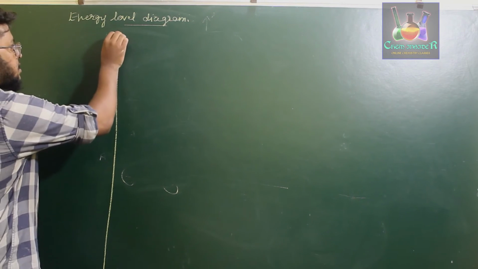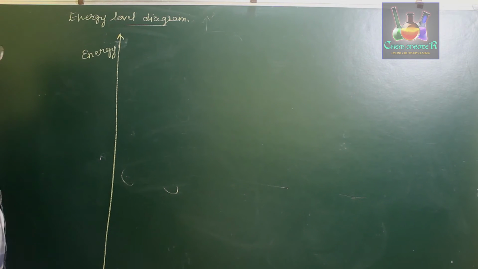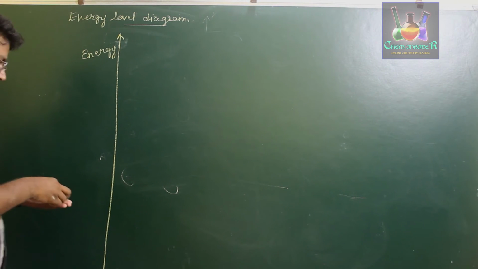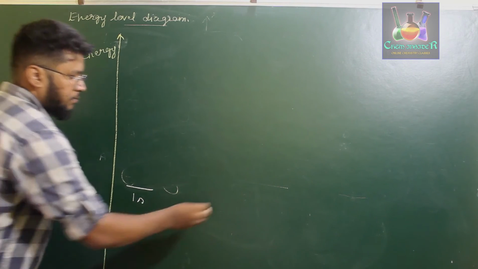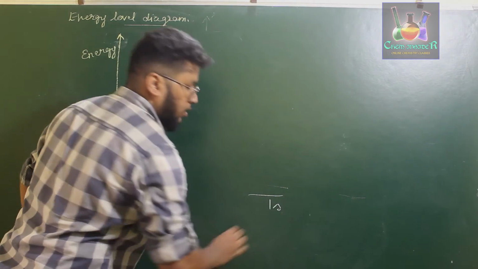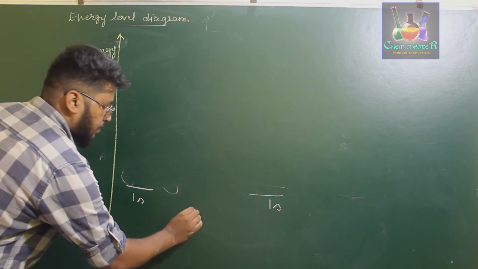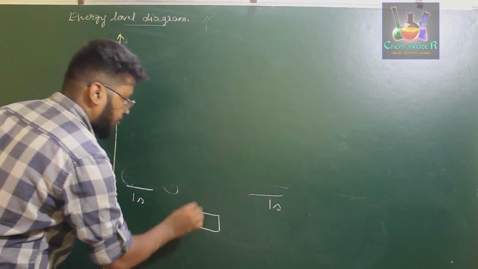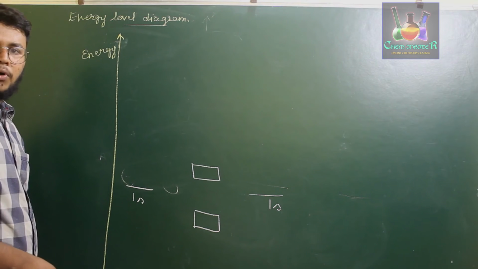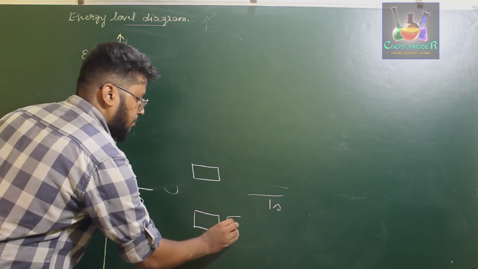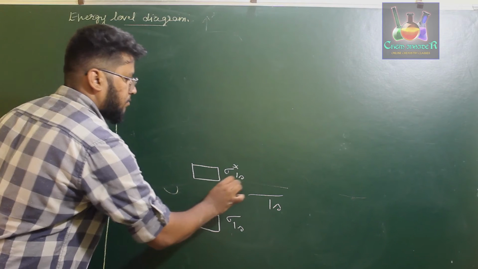So if you consider this as the energy in the increasing order, this is the 1s orbital of one atom, and this is the 1s orbital of the other atom. Each of them will have certain electrons, so they will form two molecular orbitals.